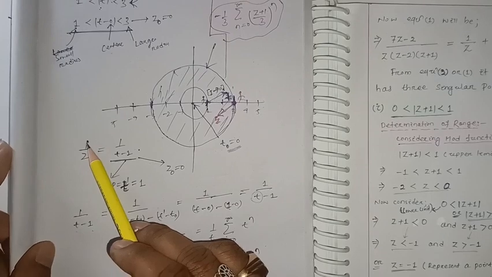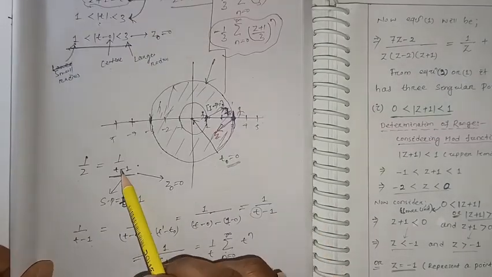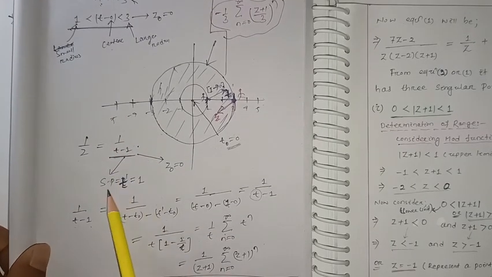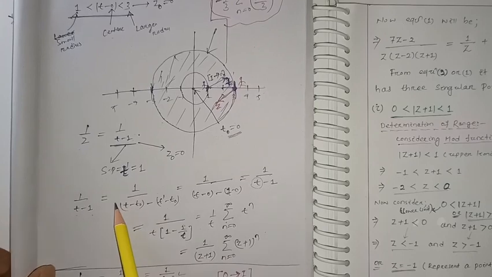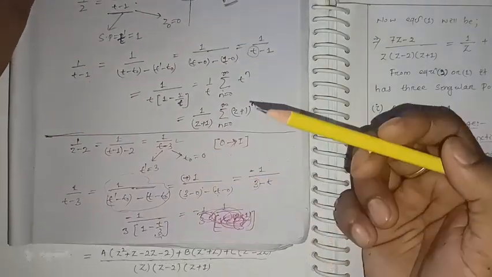We have to find out the Lorentz series of 1 by z, which means z plus 1 equal to t, so z equal to 1 by t. So 1 by (t minus 1), the corresponding singular point t dash will be 1, and we did the numerical and found the same answer.